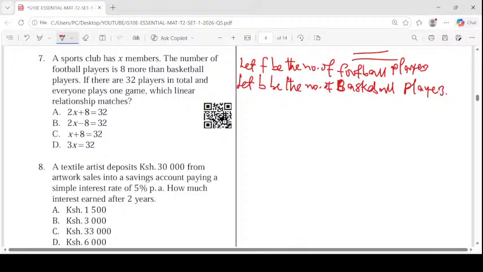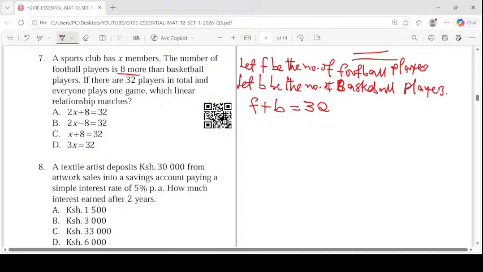But now because we are told that the total number of players should be 32, that means when I take the number of football players F plus the number of basketball players B, the total should be 32. But again here we are being told that the number of football players is 8 more than the number of basketball players.